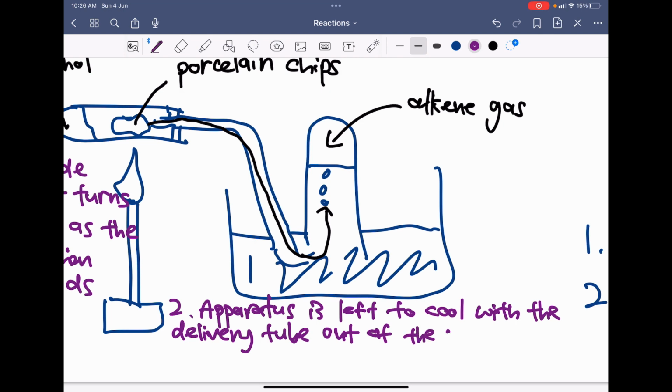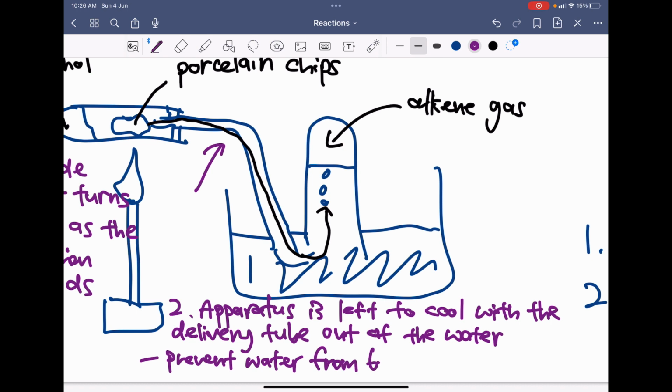And you may be wondering, which one is the delivery tube? This one, okay? That's the delivery tube. And this delivery tube is taken out of the water. Why? So as to prevent the water from being sucked back into the test tube.